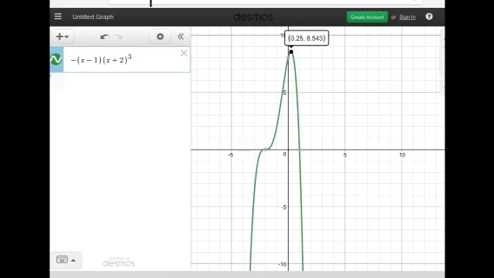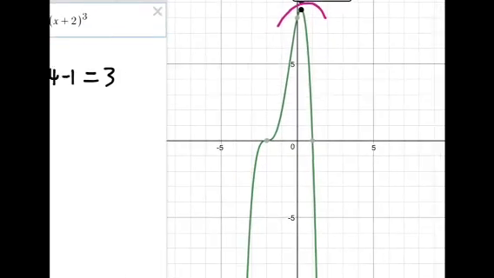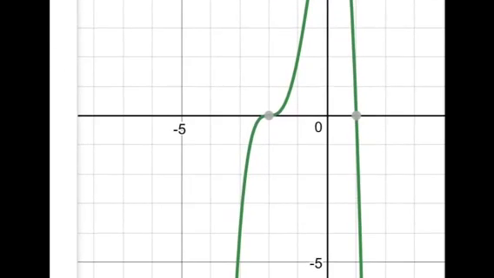Okay, so with a degree 4, the formula says n, oops, let me use a marker here. The formula is n minus 1. Degree is 4, so it has that many turning points, 3. And you might say, wait, but I only see one up here, right? But if we look closer, let me zoom in here and I'll zoom back out.